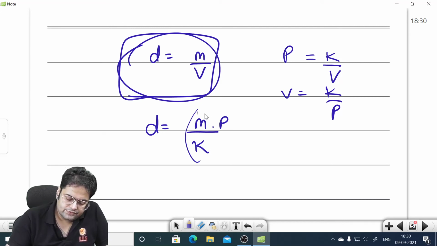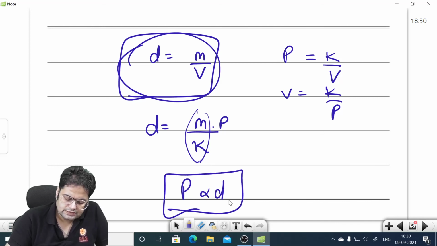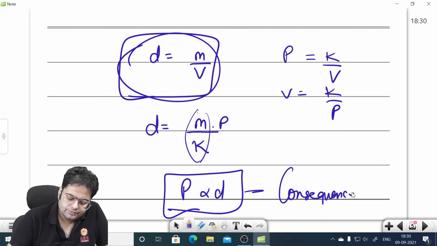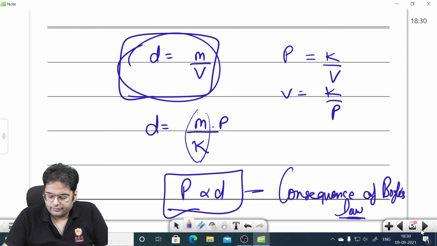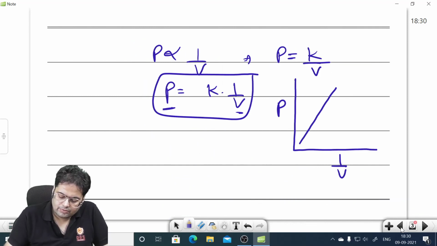The mass in this will be constant. So pressure is directly proportional to density. So this is the main consequence of Boyle's law. Okay guys, this is in a nutshell all about Boyle's law.